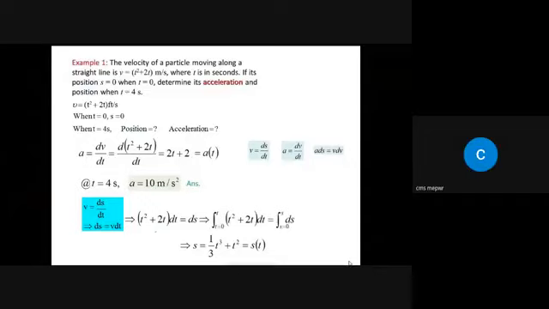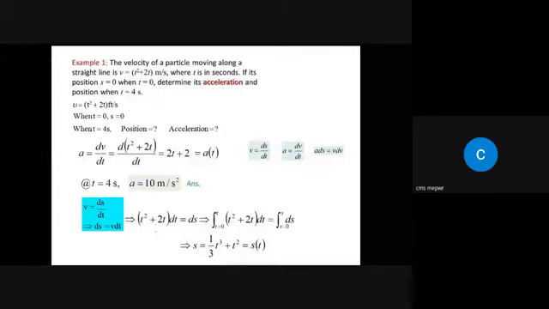Okay, so let's move back to our class. When you put this value over here, instead of v, we have put (t square plus 2t) dt is equal to ds.